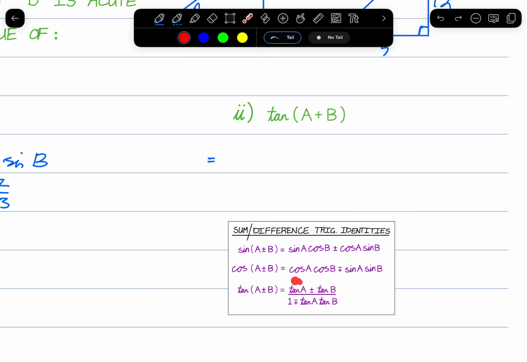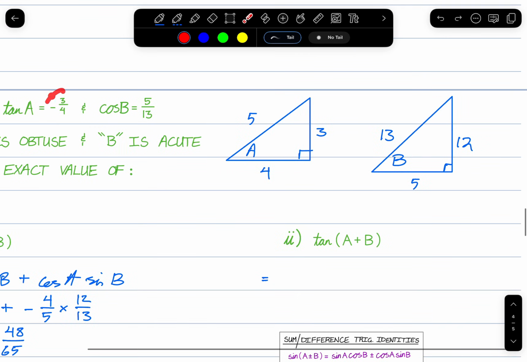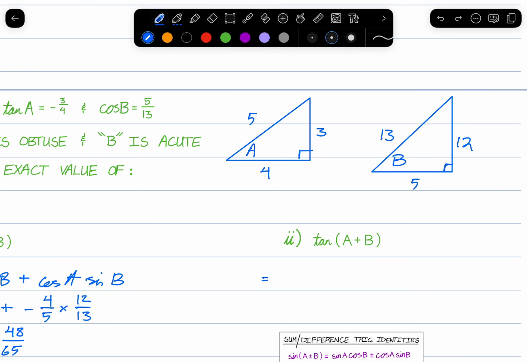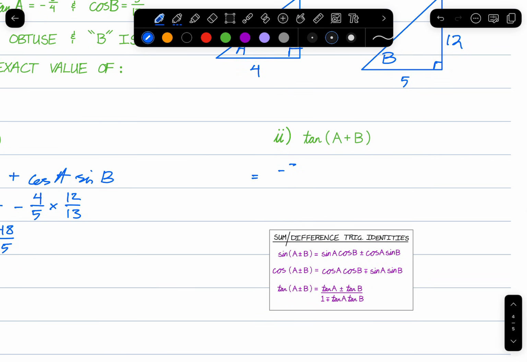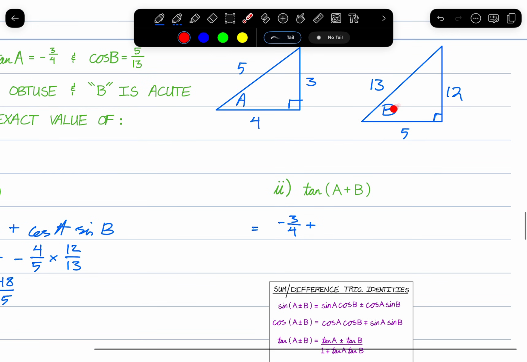So the first one is tan A. Well, tan A, we've already figured out, is negative 3/4. So negative 3 on 4 plus, following the identity here, tan B. Tan B is 12 on 5.